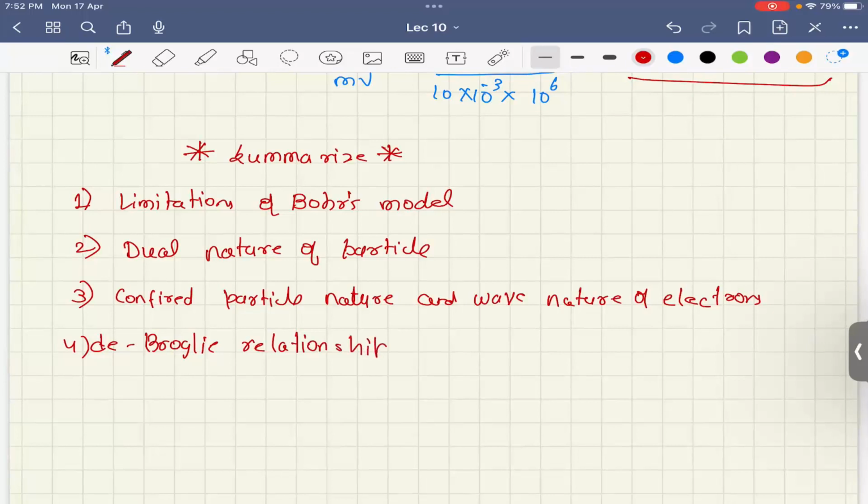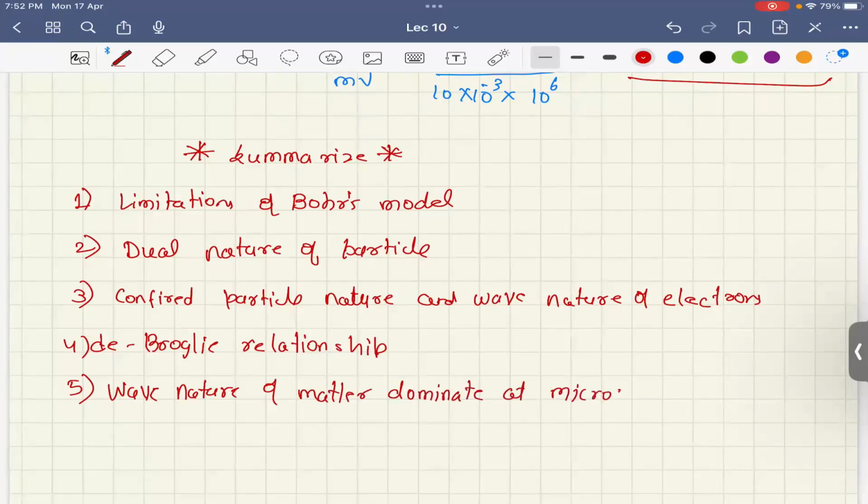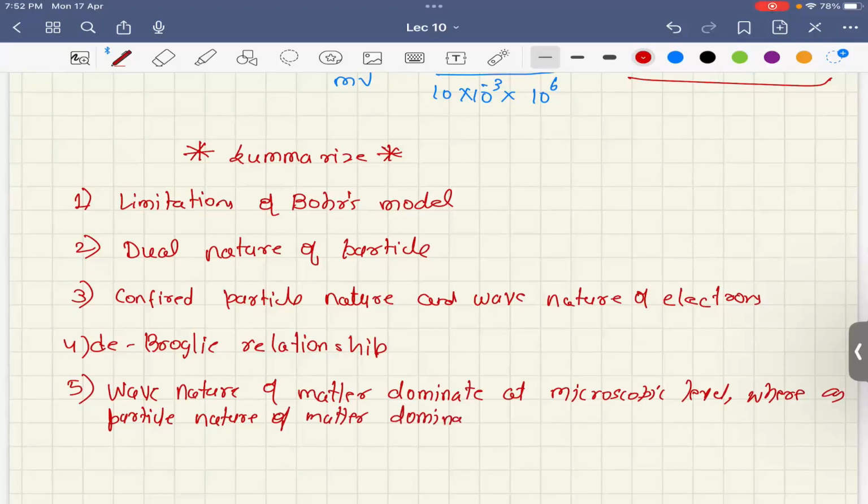Then we have calculated using this de Broglie formula that the wave nature of matter dominates at the microscopic level, whereas the particle nature of matter dominates at the macroscopic level, right?